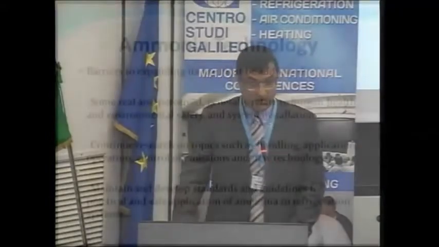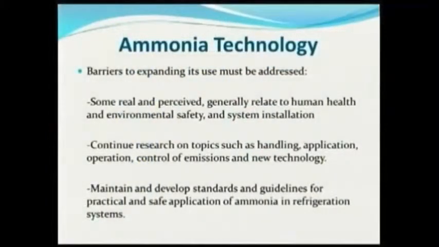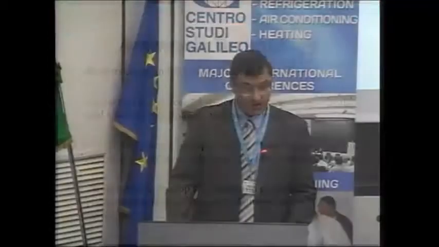Now, ammonia. A barrier with ammonia is that we all know there are safety issues. We need to do more research in this. It's also a very good refrigerant to be used for large capacities. We need new standards and new guidelines on the way we handle ammonia and control emissions, to look into the safety issues of ammonia.